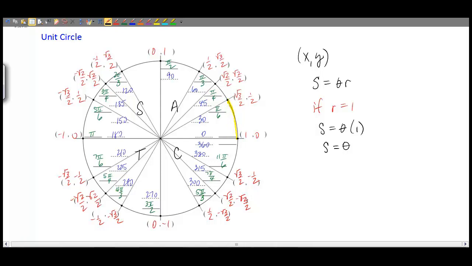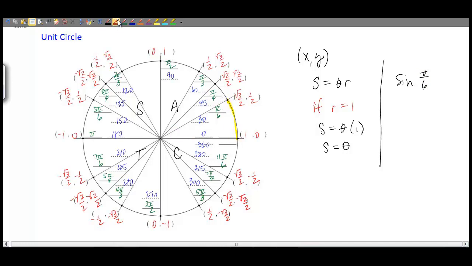Now we're going to relate this a little further. Going back to this value of pi over 6, if I wanted to know what the sine of pi over 6 was, and I didn't have this handy unit circle, I knew I could make a triangle.